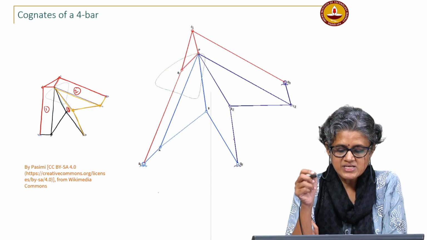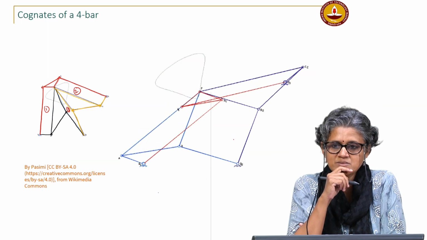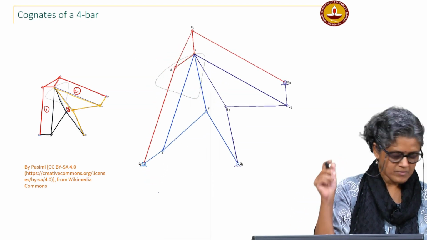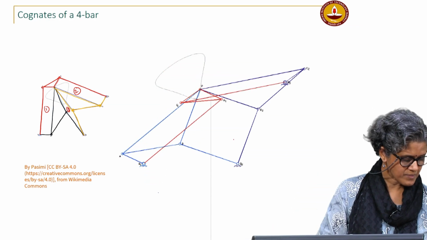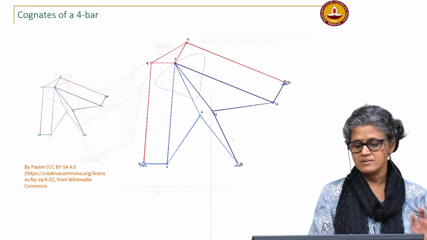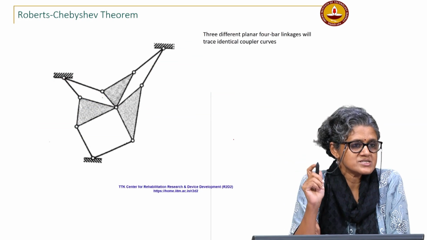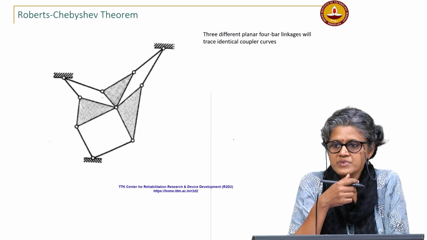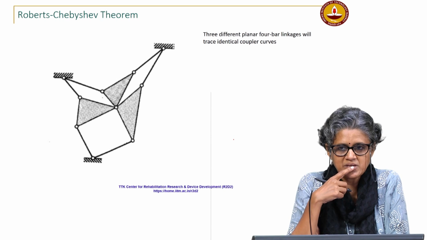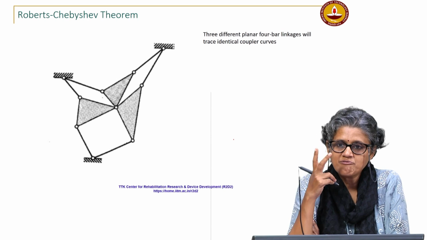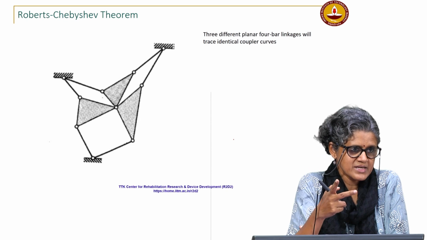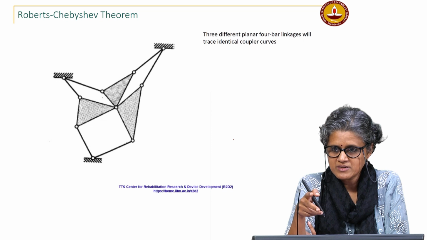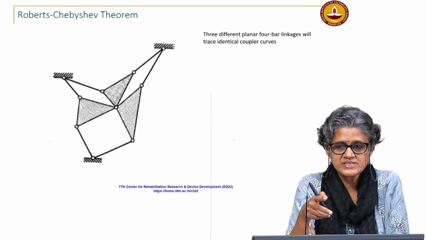This is what the Roberts-Chebyshev theorem states, that there are 3 different planar 4 bar linkages which will trace identical coupler curves. If you have a particular coupler curve you want to trace, you can find 2 more linkages that will trace the same coupler curve. Why is that significant?